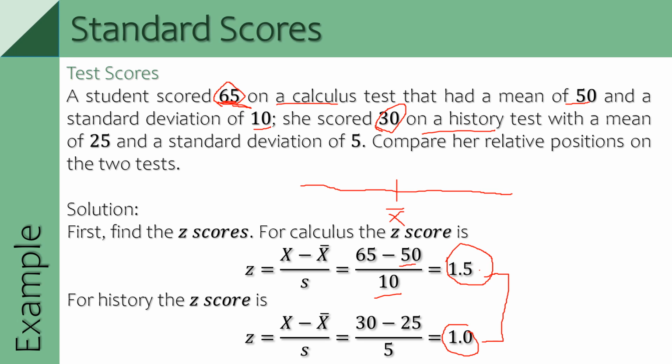Okay, yung 1.5, for example, ito si 1, ito si 2. So, since positive siya, nandito yung relative position ni 1.5, ni calculus. At ito naman yung relative position ni history. So, mas mataas pa rin talaga si calculus kesa sa history.